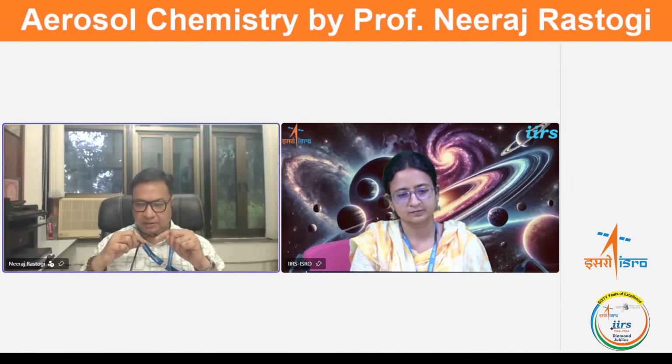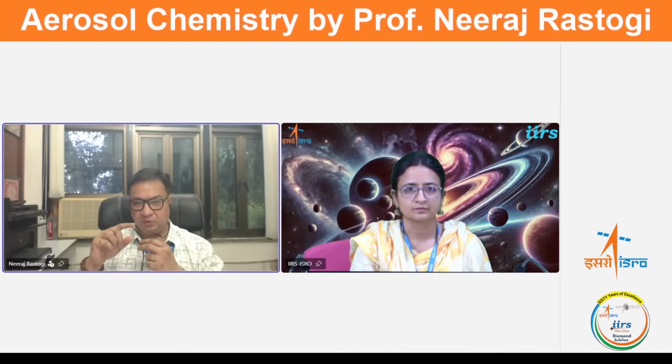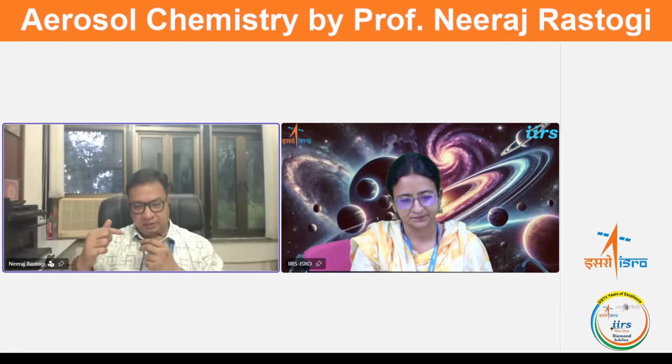These are volatile gases, but once they come into the atmosphere, they get oxidized, and more and more oxygen is added to them, in a way increasing their molecular weight. They then partition from the gaseous phase to the particulate phase, so you are changing from gas to particle. If you recall the size range from 100 picometers to 10 centimeters that I was showing, I was talking about different gases converting into aerosols. That includes secondary organic aerosols also.